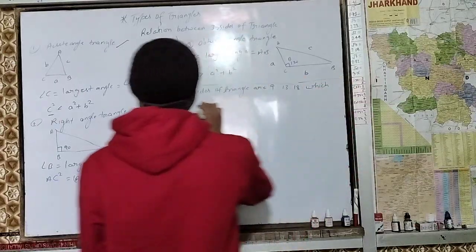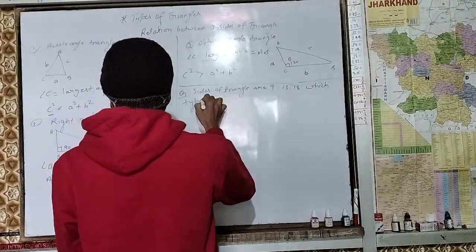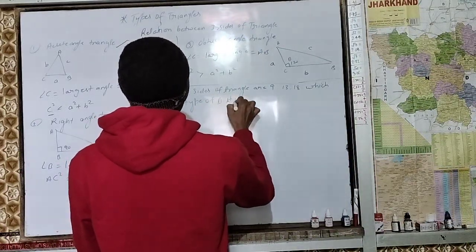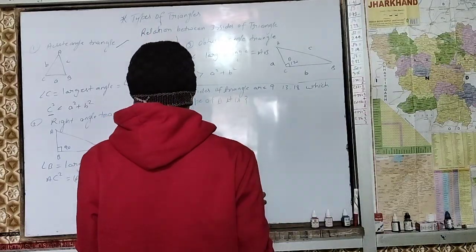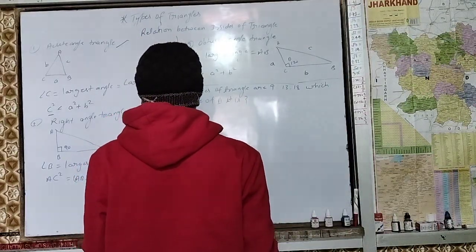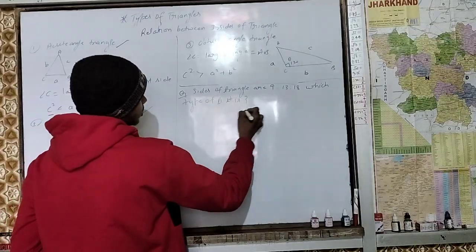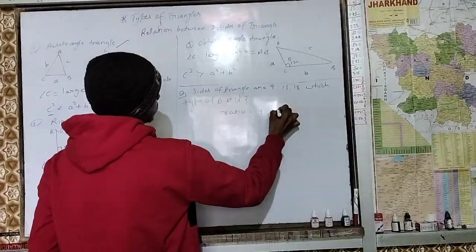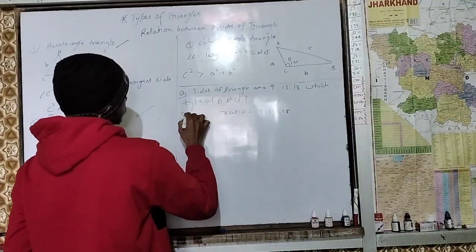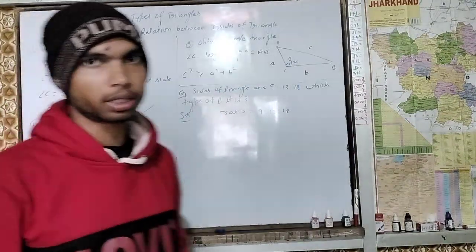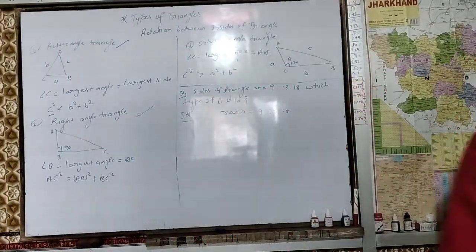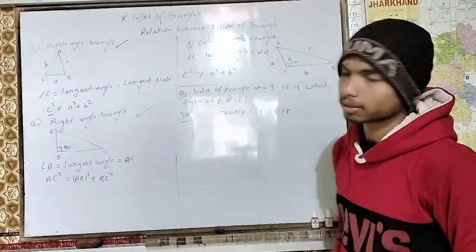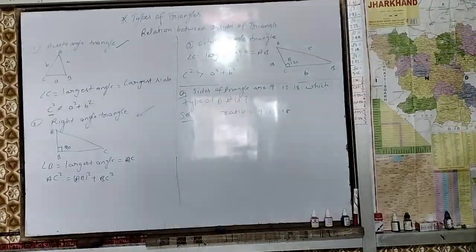Which type of triangle is it? We know the ratio is 9 is to 13 is to 18. Or you can say 9 is the length of one side, 13 is the length of the second side.